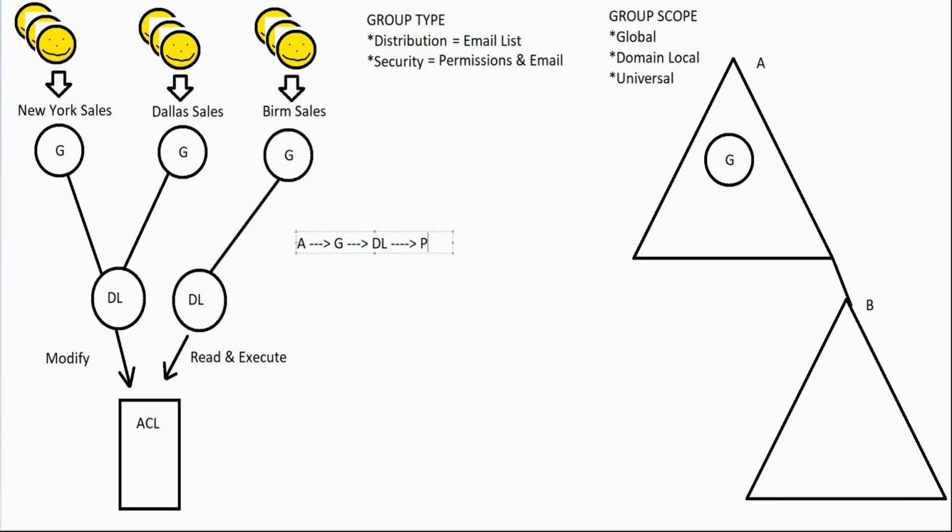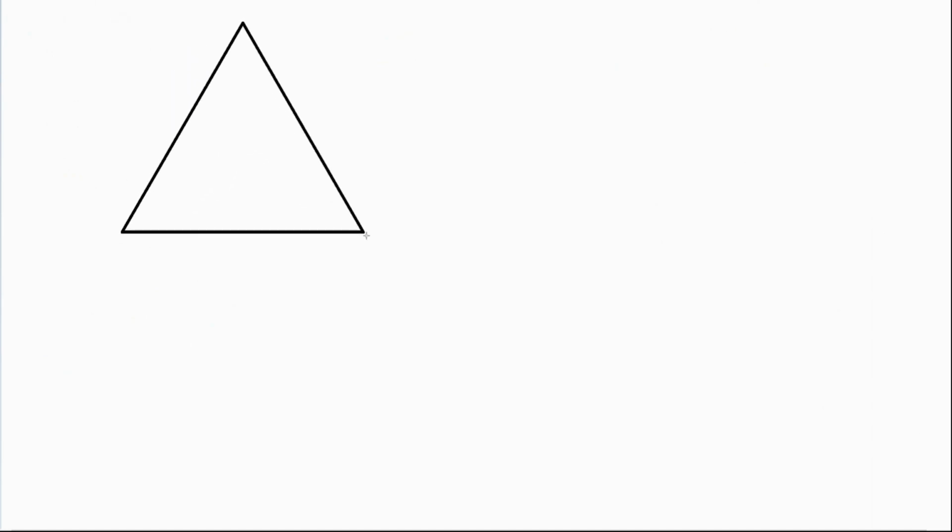Now, I will tell you, as you start working on a larger scale, that's when the third group scope comes into play, which is universal groups. When you think about universal groups, you generally want to look at this from the perspective of multiple domains. So let's go over here and look at something on a larger scale.